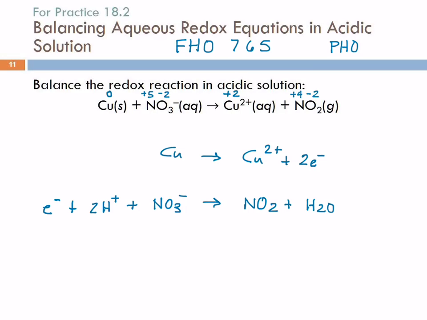I need to multiply this bottom one by 2 so that I get 2 electrons that will cancel the 2 electrons in the other when we add them together. So I'm going to multiply by 2. So that's going to be 2 of those, and this will change to a 4. I'll have a 2 here, and a 2, and a 2.